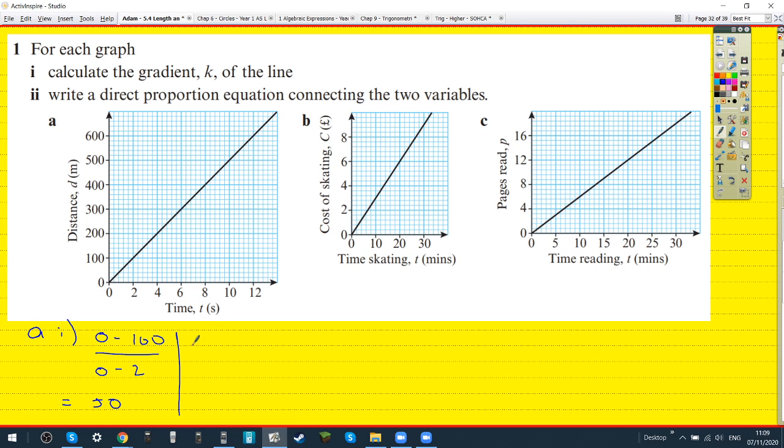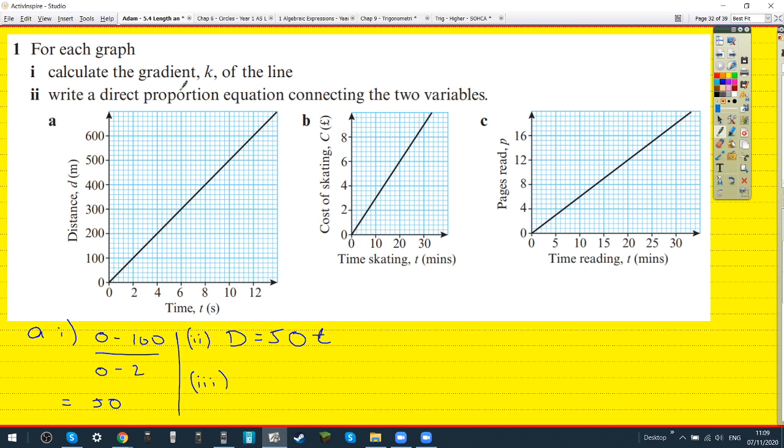Part 2. So it'd be D equals 50t. Well done.